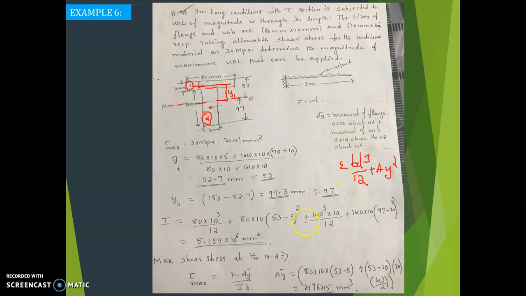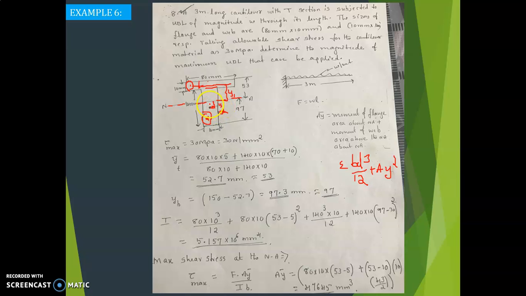Okay, whole square, plus the second section, where b is now 10 and d is 140. So 140 cube divided by 12 plus A, which is 140 into 10, into, now CG is here, so the distance from CG to the neutral axis is y2. What is this distance?